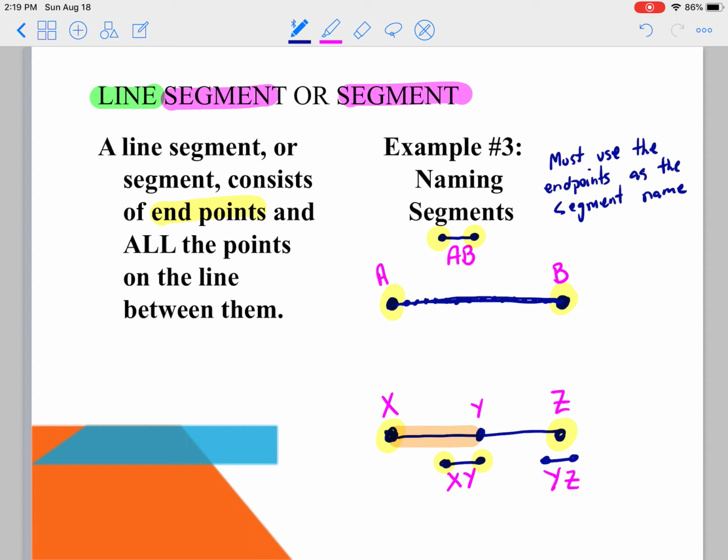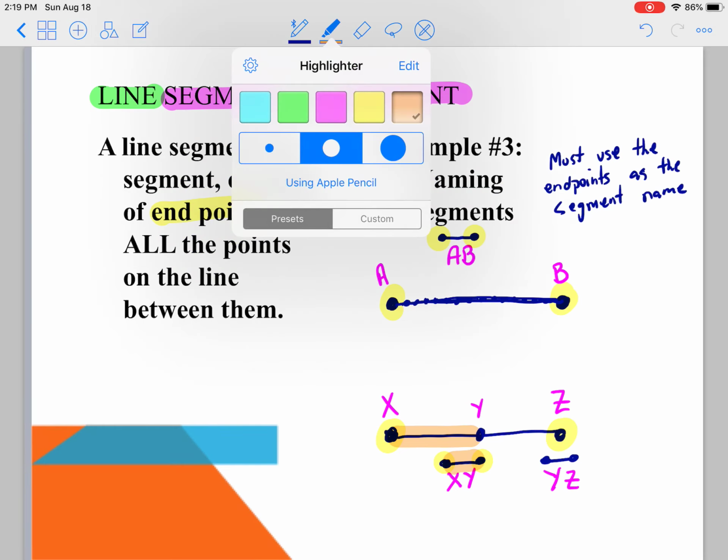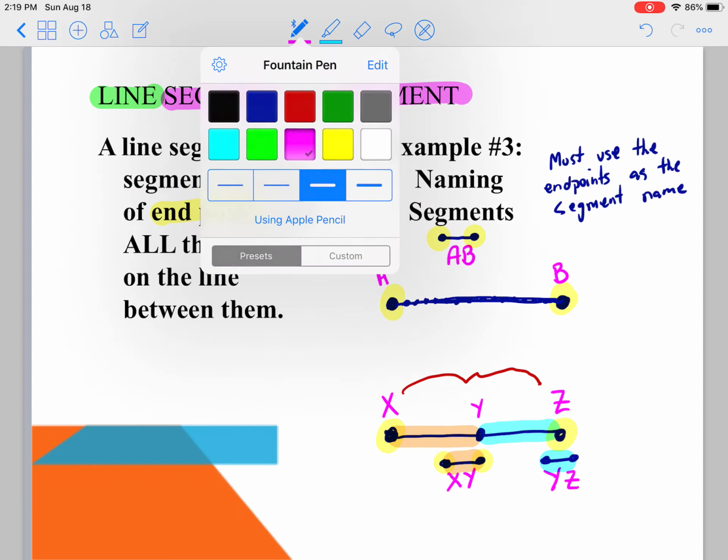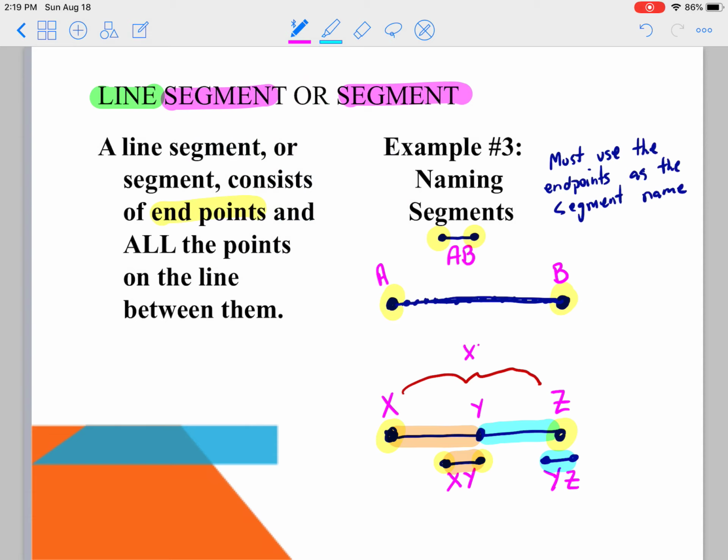And in this case, I am only referring to the portion of the segment contained between the endpoints of Y and Z. And then finally, I actually have a third segment, and that third segment is all the way from X to Z. So if I want to name the segment from X to Z, I can't name it XY, I would actually have to name it XZ.